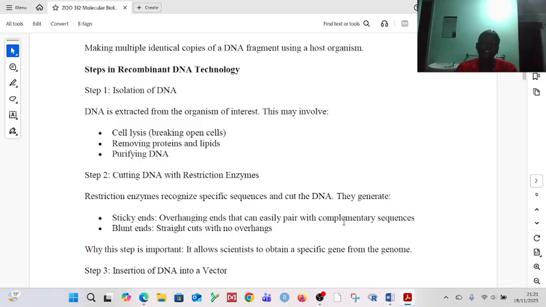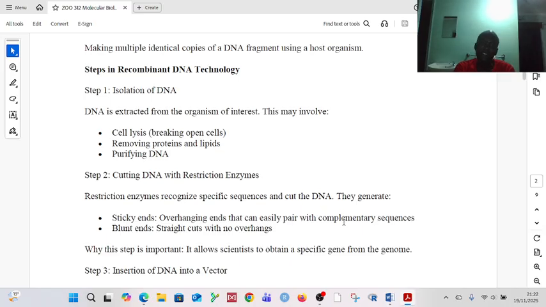So it means the first step is to isolate the DNA. You have to isolate, you have to extract the DNA from the organism of interest. If, for example, you want to get a gene from a human being and put it in a dog, then you have to isolate the DNA from the human organism first. Okay, so you have to extract that DNA.